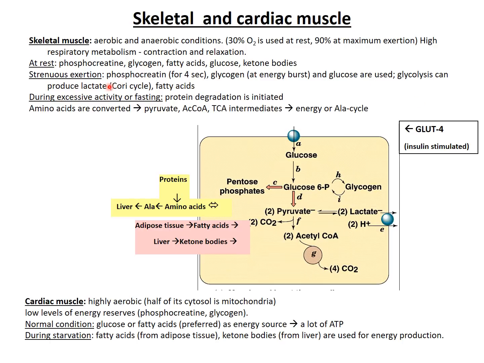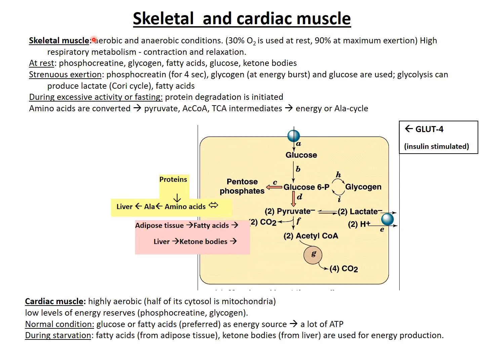Glycolysis can produce lactate, which can go back to the liver. And as I mentioned, fatty acids are happily used because fatty acids produce more ATP than glucose molecules. With excessive activity and fasting, as I mentioned, protein degradation is initiated and amino acids go to the liver through the alanine cycle to produce substrates for gluconeogenesis.